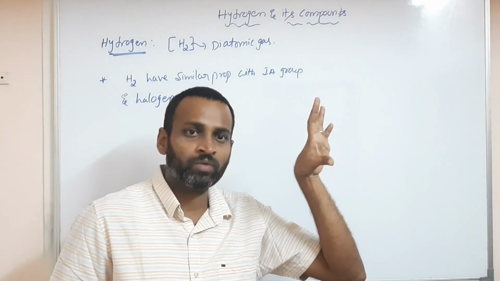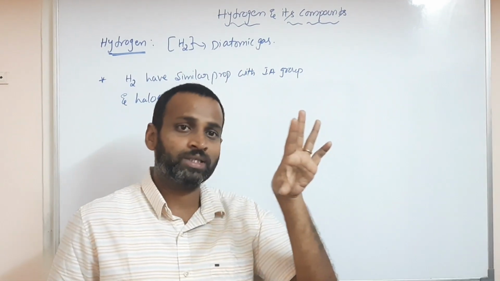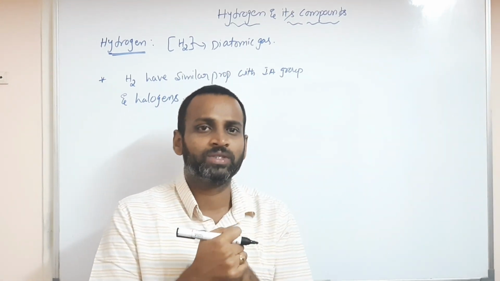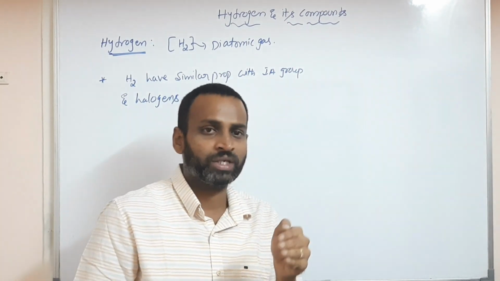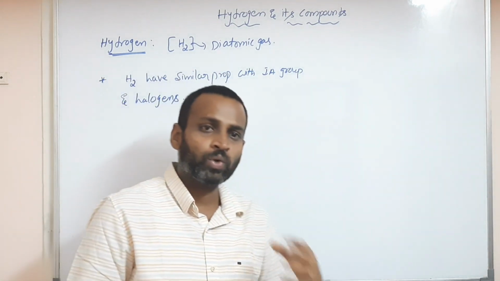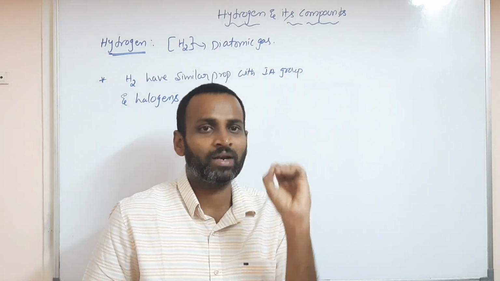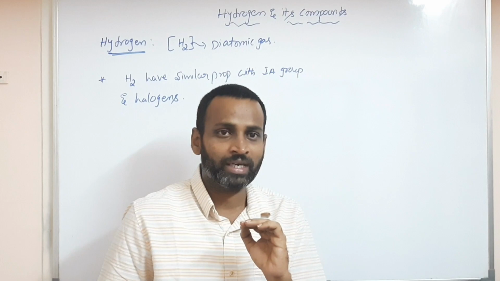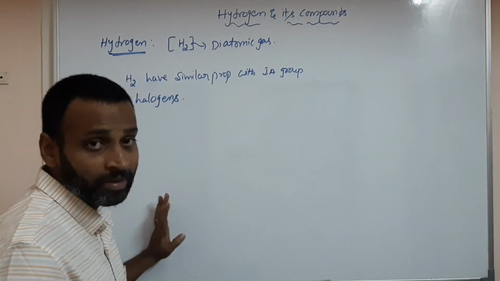In the modern periodic table, if we consider outermost electronic configurations, hydrogen is 1s1, lithium 2s1, sodium 3s1, like that. So hydrogen is placed along with the alkali metals in the same group, but we never consider hydrogen an alkali metal. Remember this, hydrogen is a diatomic gas.